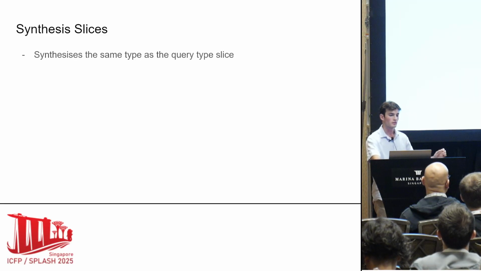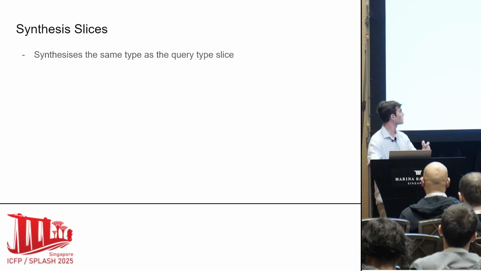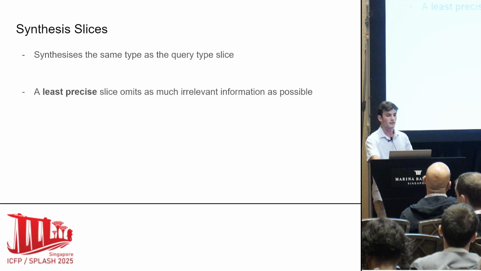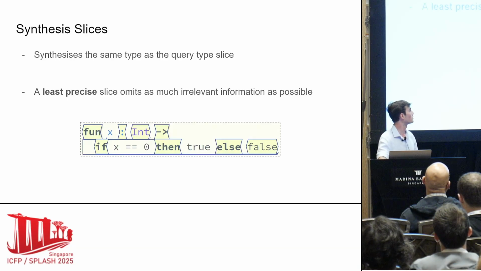The resulting slice, when treated as a Hazel program, must synthesize the same type as what you're asking about. And under this precision ordering, the whole reason I set this up is so you can find the least precise one, and that will omit as much information as possible.